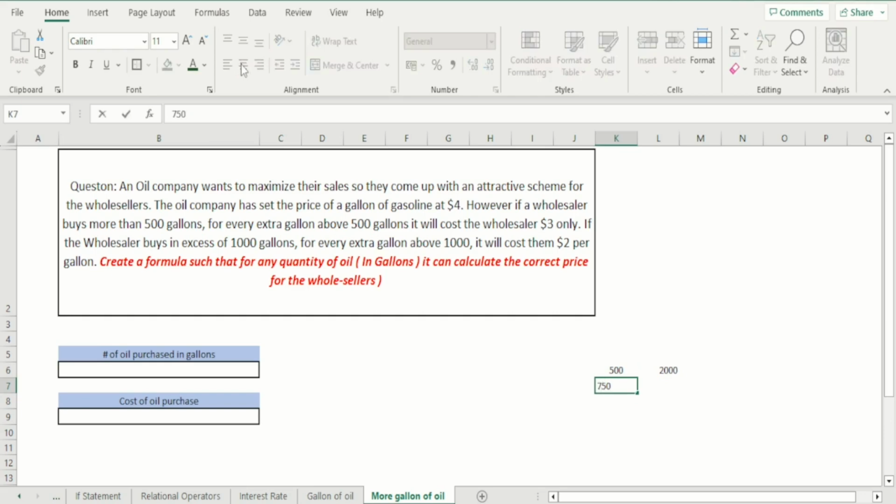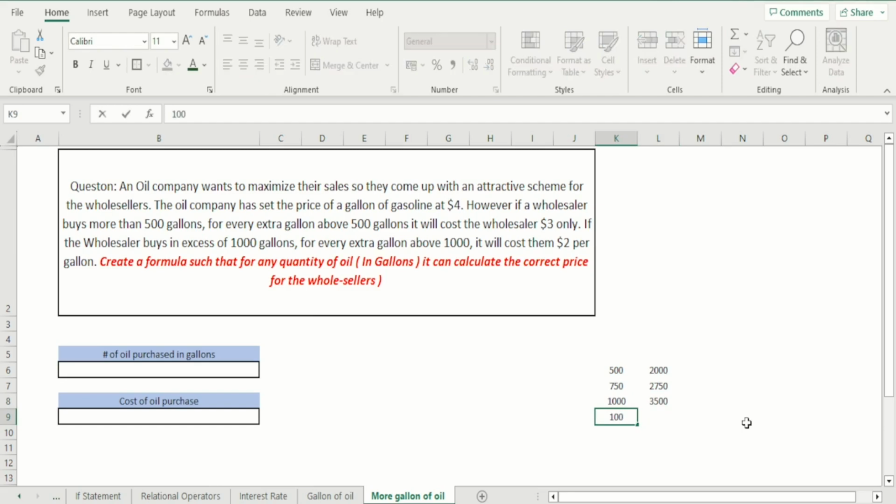If it is, let's say, 750 gallons, then we would expect that the first 500 of the 750 is going to be at $4 a piece, and the remaining 250 gallons will be at $3, right? And that would be the right cost. If it is 1,000 gallons, what happens then? Then the first 500 is being sold for $4, and the next 500 gallons is being sold for $3. That should be the price.